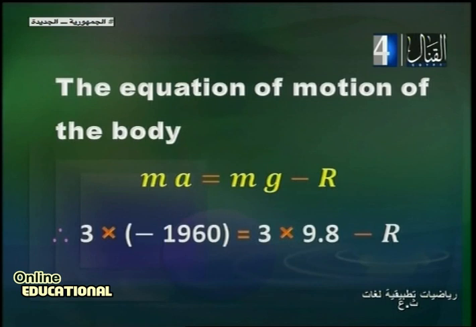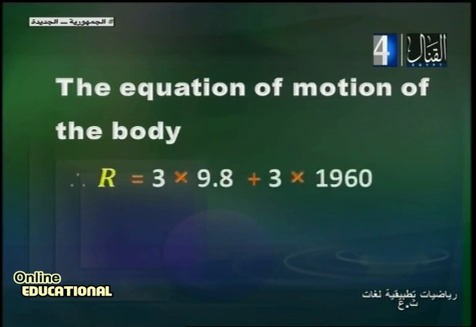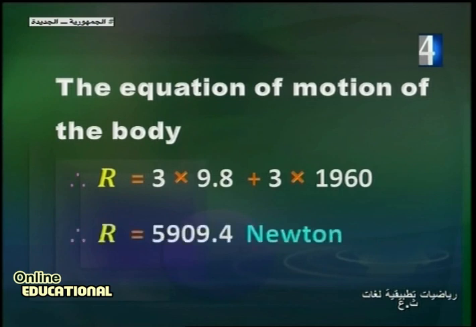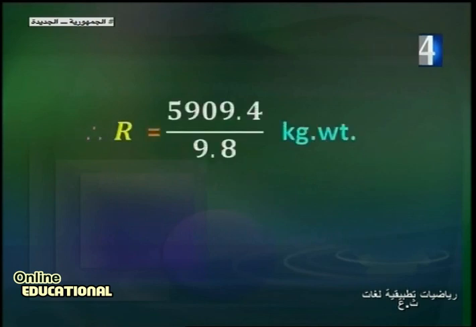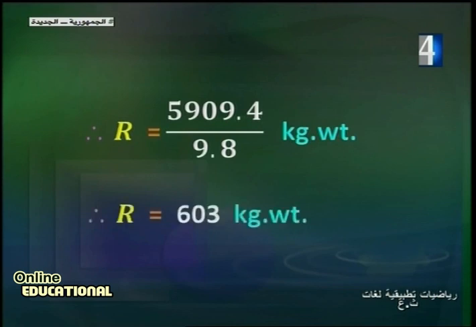Then r equals 3 multiply 9.8 plus 3 multiply 1960. Then the resistance equals 5909.4 Newton. Take care. Now, what is the resistance in kilogram weight? The resistance in kilogram weight equals 5909.4 Newton divided by 9.8. Then the resistance equals 603 kilogram weight.